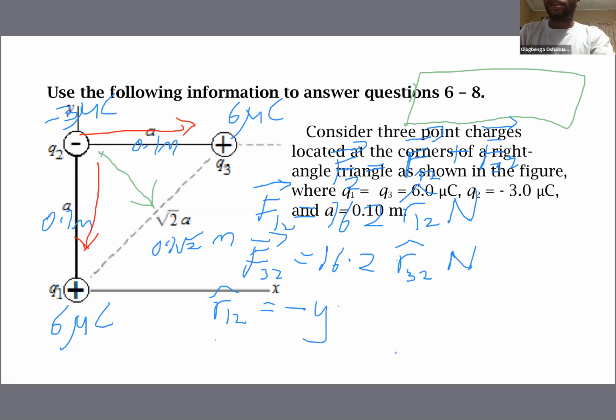And our R32 is the direction with which Q3 is exerting a force on Q2. And when you also look at the direction, it's in the positive x direction. So we can say that R32 caret is equal to plus x.